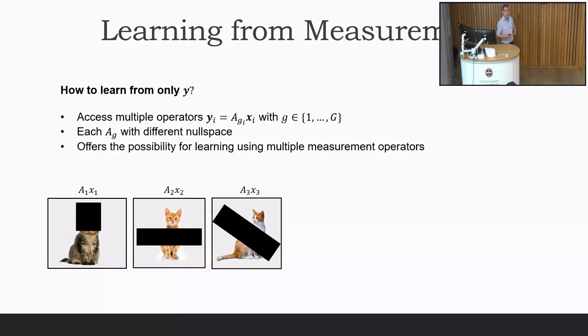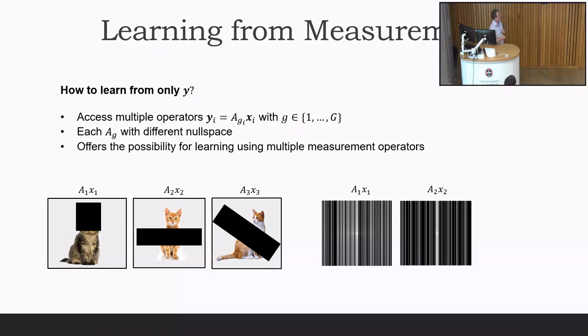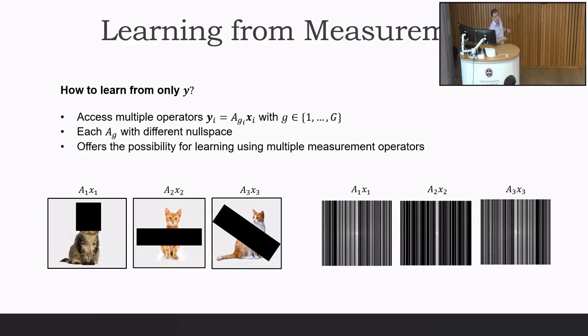If I can put all these together, then potentially I can still learn my imaging solution, even though each one of these has missing data. They have different missing data. So again, in the MRI setting, this would amount to, in my spatial Fourier domain, taking one set of subsampling, maybe on a different image, taking a different set of subsampling, and then for the third image, yet another subsampling.